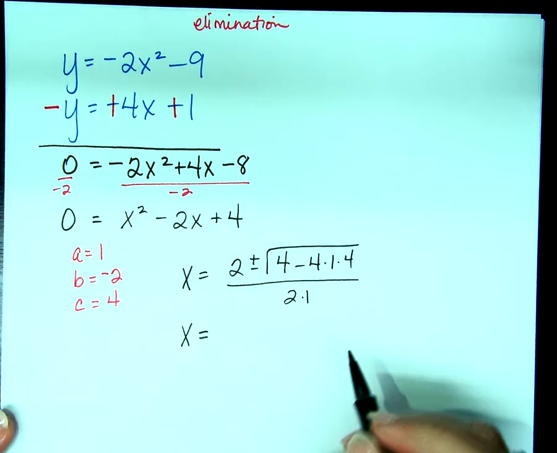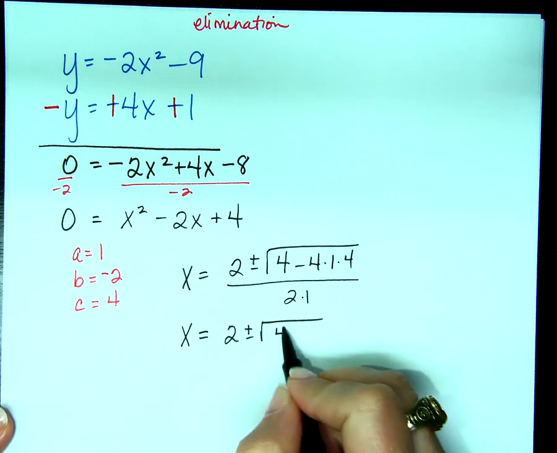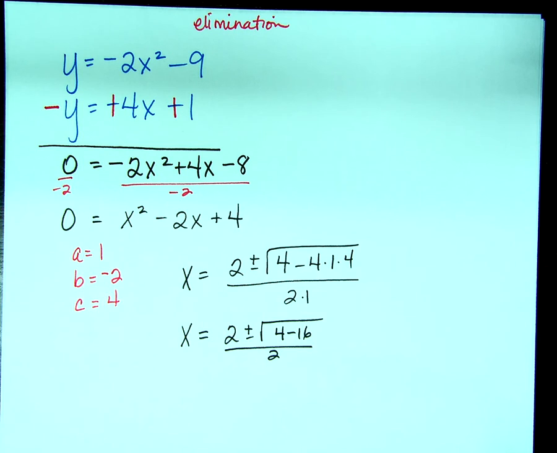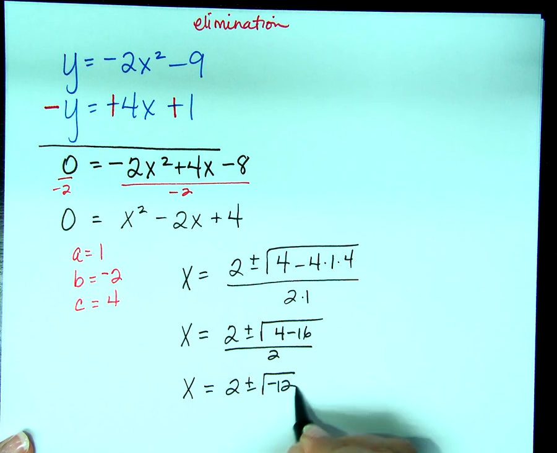So x equals 2 plus or minus the square root of 4 minus 16 over 2. x equals 2 plus or minus the square root of -12 over 2.